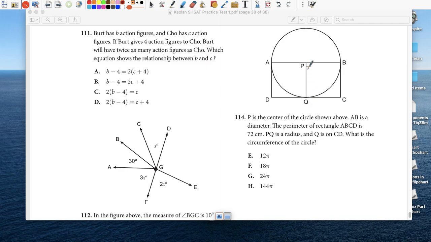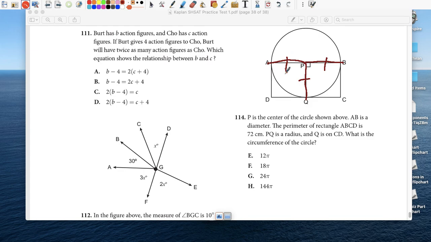So if this is the radius, this is also the radius. Agreed? It's the center of the circle going to the outer edge of the circle, so that's the radius. And this is the radius. Which means this has the same measurement as this, which has the same measurement as this.